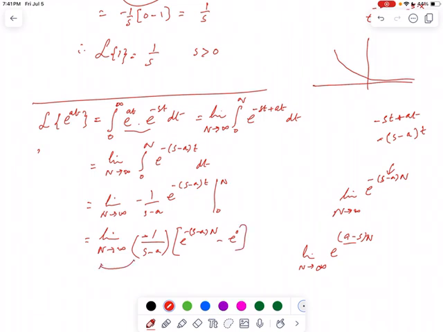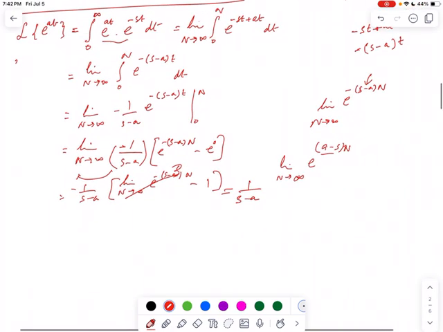I can pull this one out in front and take the limit inside. Like before, this quantity is 0, so we have negative 1 over s minus a times 0 minus 1, so you get 1 over s minus a.